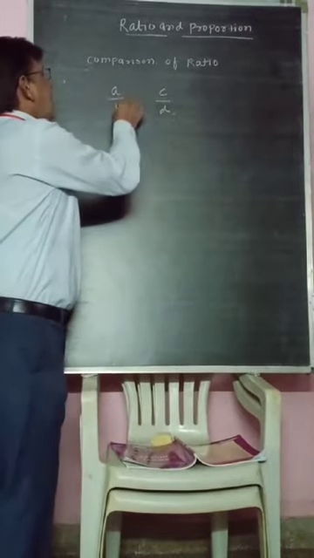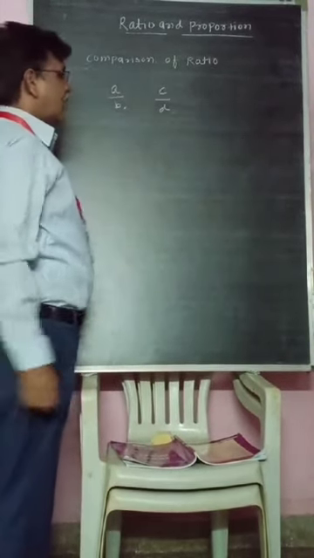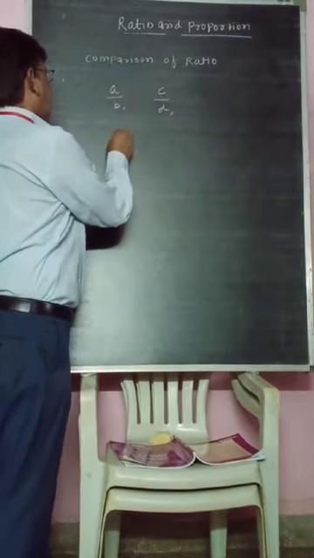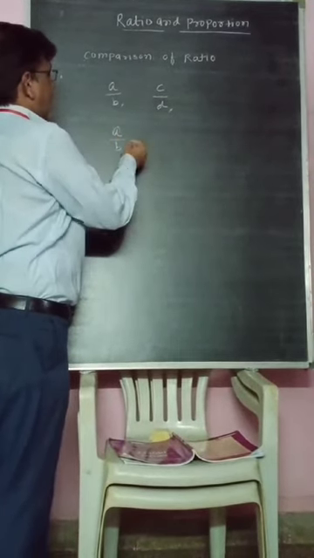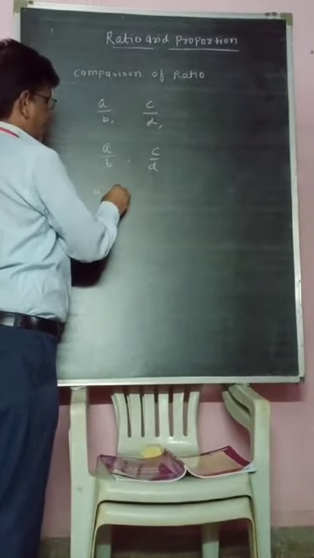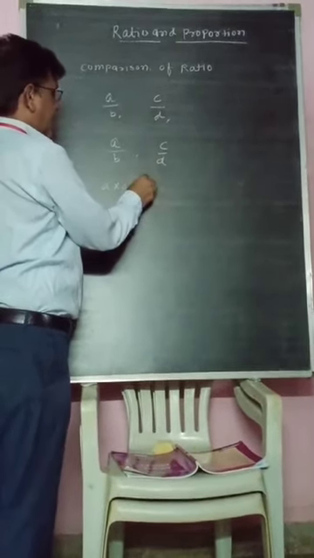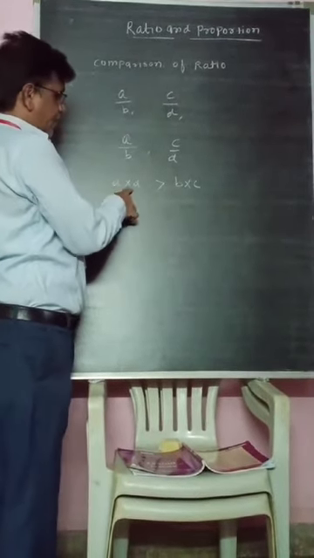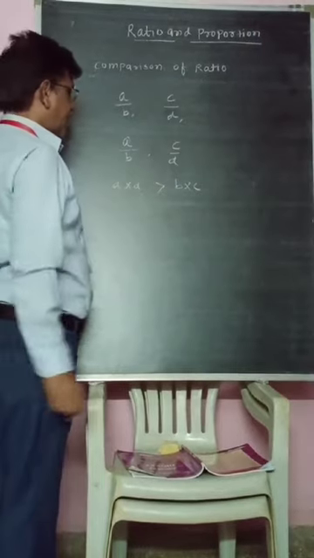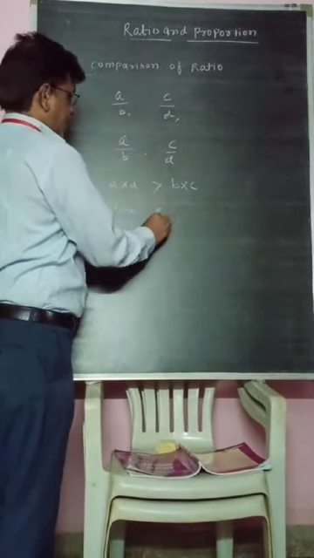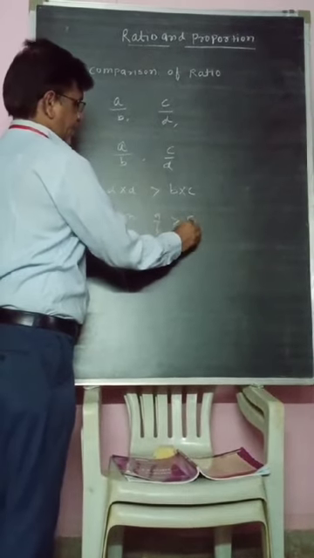Let a by b be the first ratio and the second ratio be c by d. If a into d is greater than b into c, then you can say that a by b is greater than c by d.